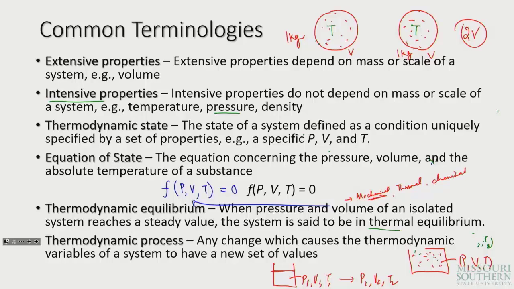When the system is in mechanical equilibrium, its pressure is the same everywhere, at each and every point on this system. No matter where you measure the pressure, here, here, here, you get the same pressure. That means this system is in mechanical equilibrium. Thermal equilibrium is when you measure the temperature at each and every point on this system and it is the same.